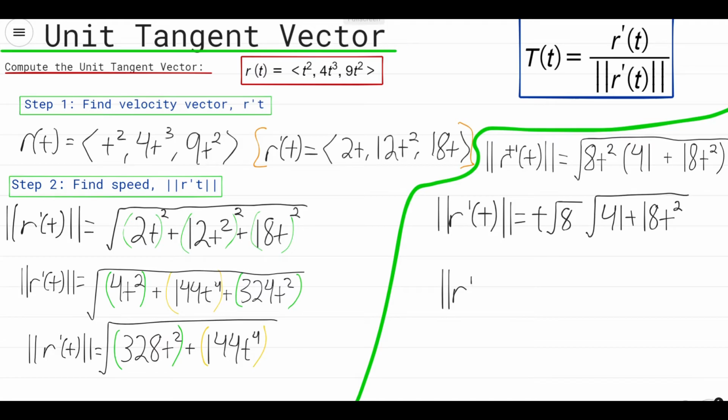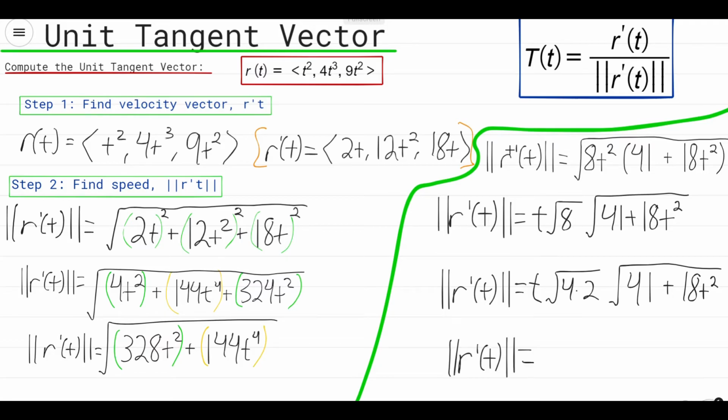Then I'm going to radicalize this. So 41 plus 18t squared, but then the 8 we can divide further into 4 times 2. Furthermore, we can take the square root of 4, which is 2, and the 2 is still inside the square root, along with 18t squared plus 41. So that's the radicalized form of the magnitude.